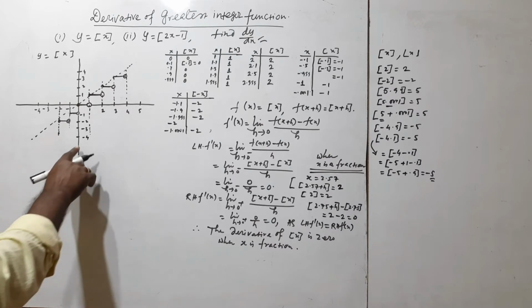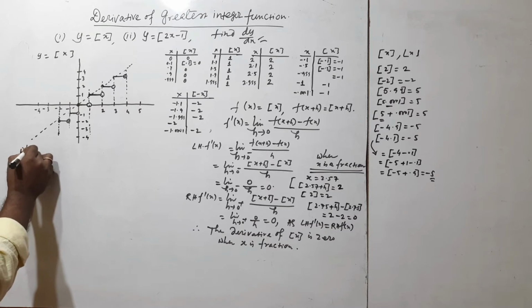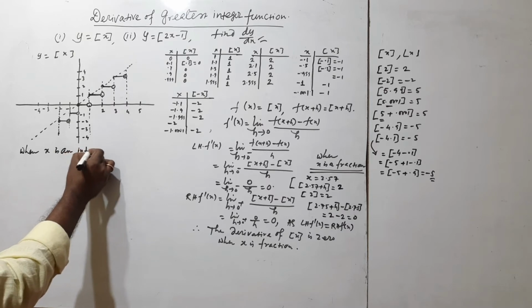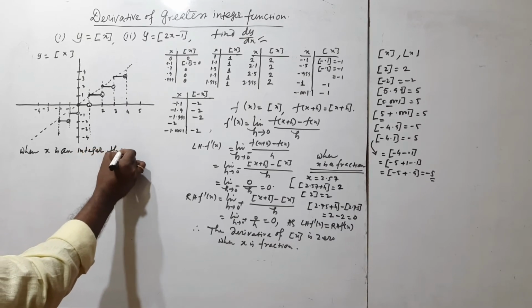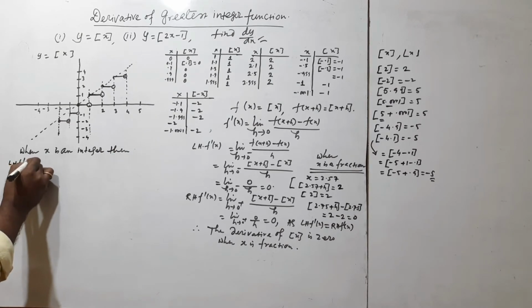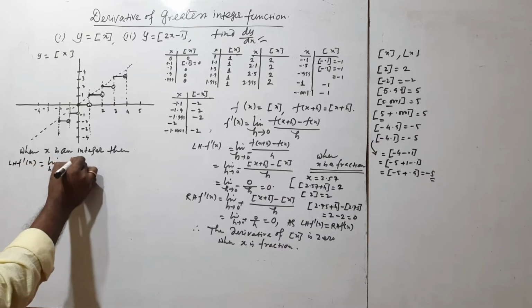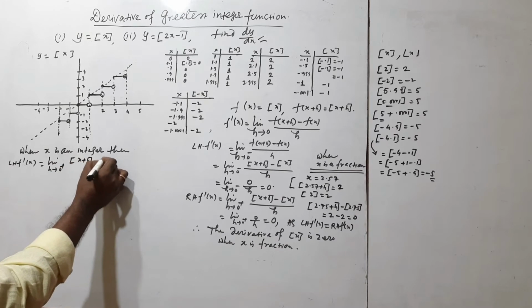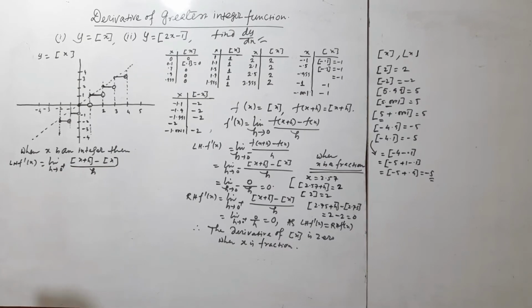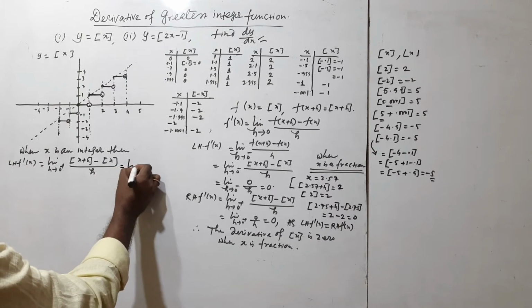Now for an integer, when x is an integer, the left hand f dash x is equal to the limit h tends to 0 plus of box of x plus h minus box x over h. Okay, so this is an integer, you know.